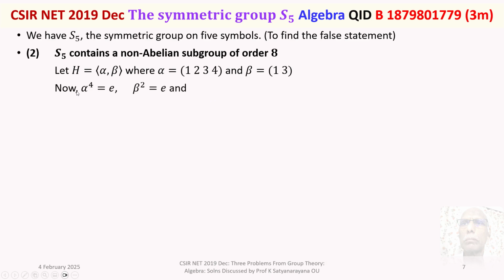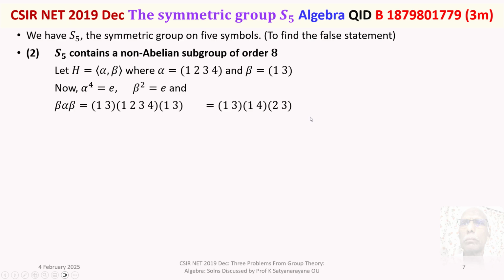Now, what are the defining relations? Alpha to the power of 4 is the identity, beta square is equal to identity, and beta alpha beta, that is beta is (1 3), alpha is (1 2 3 4), beta is (1 3). If you multiply them, you will get the permutation (1 4 2 3).